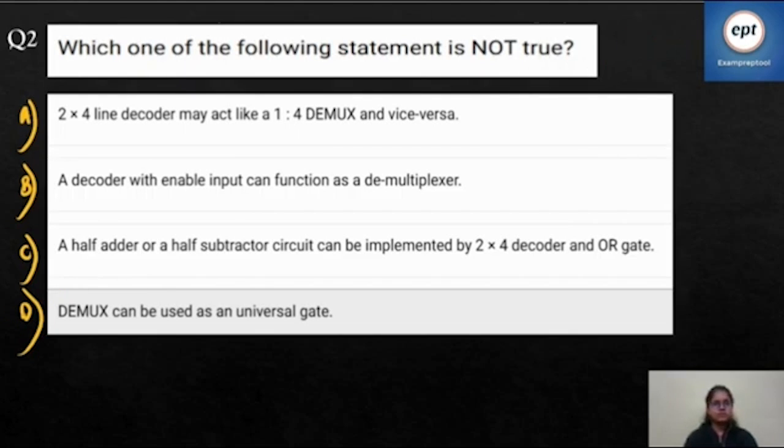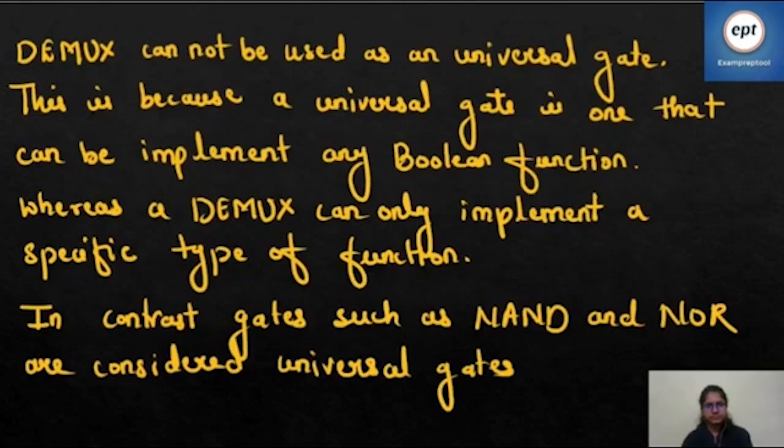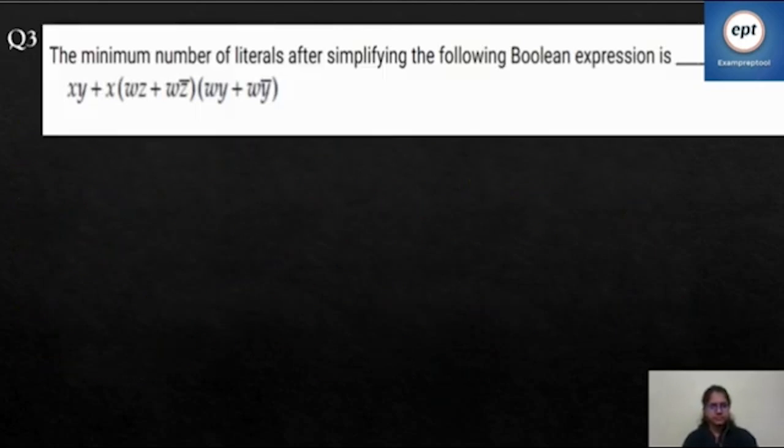Okay, let's move to the next question. The next question is, find the minimum number of literals after simplifying the following Boolean expression. You have to minimize this Boolean expression and then find the literals.